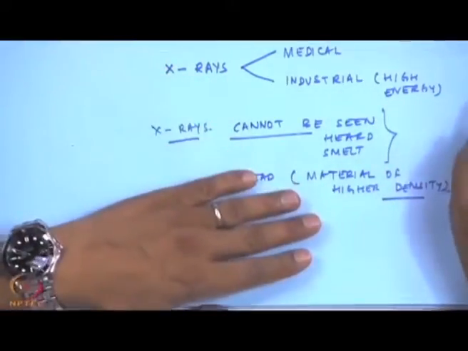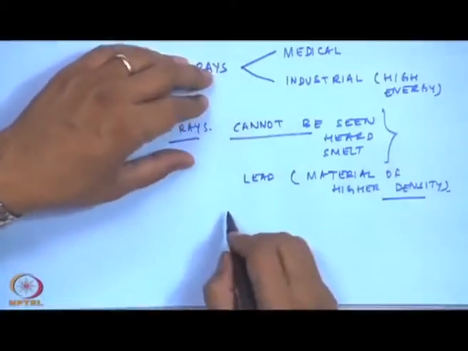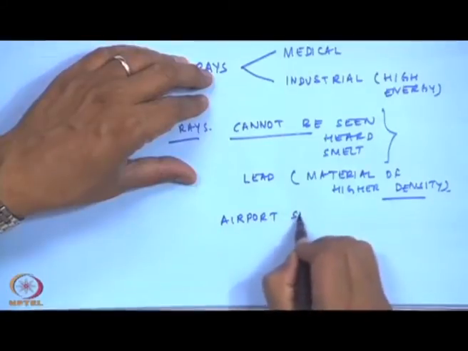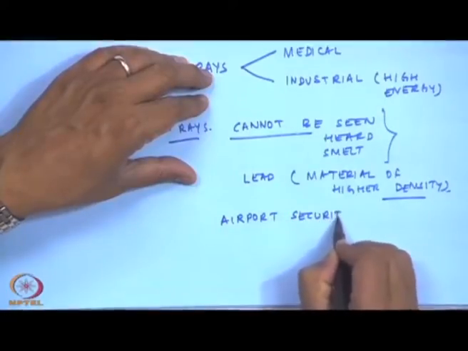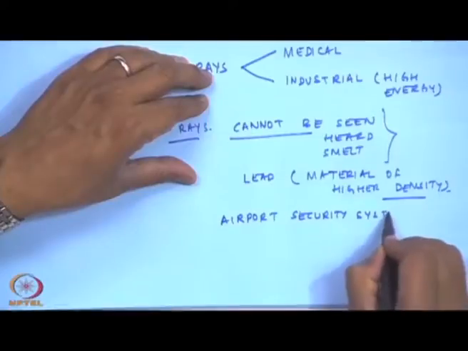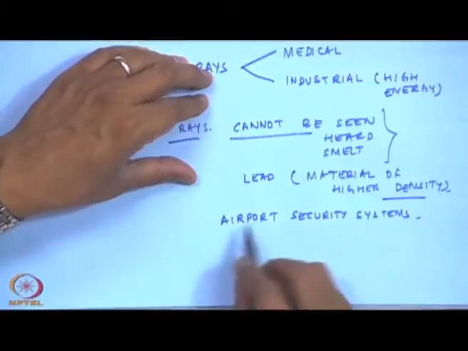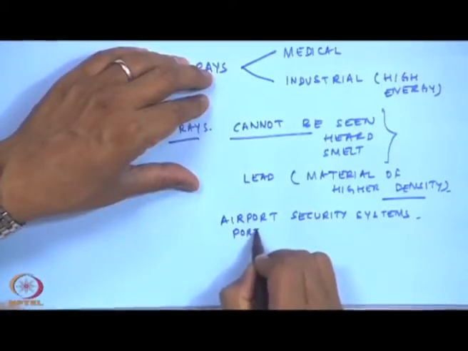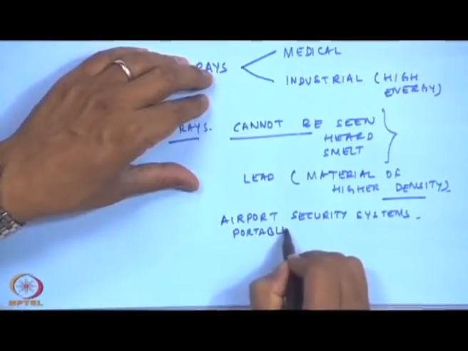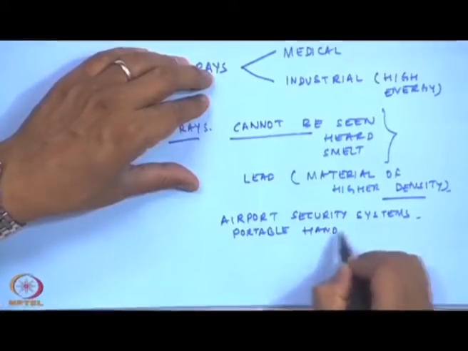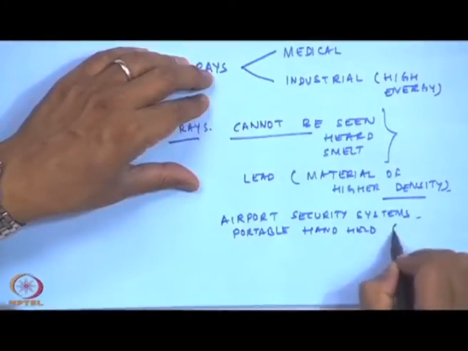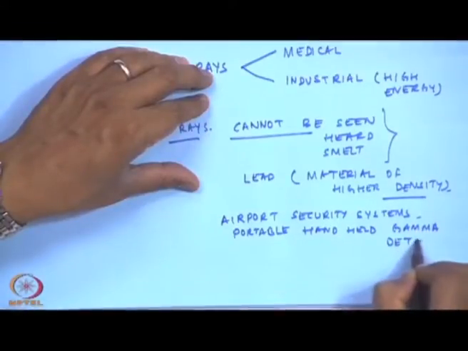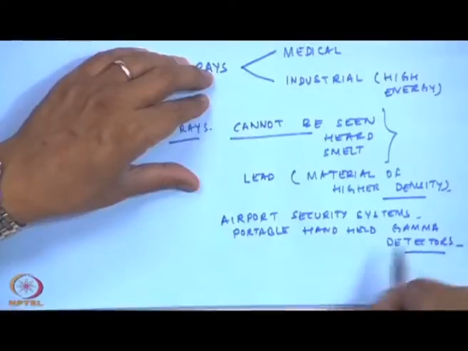Okay. You would have seen X-rays even in the airport security systems. Of course, there are portable handheld gamma detectors also. They are radioactive though. Okay.